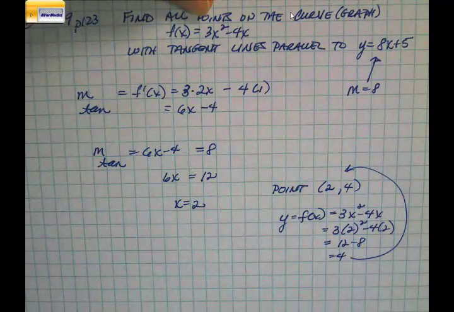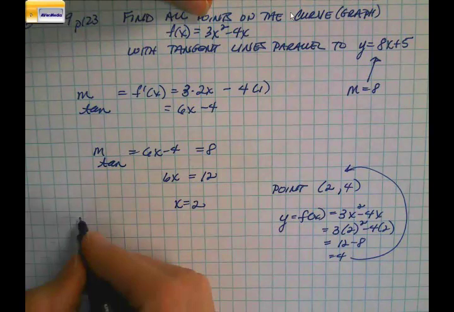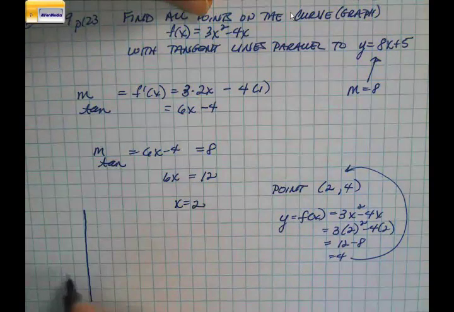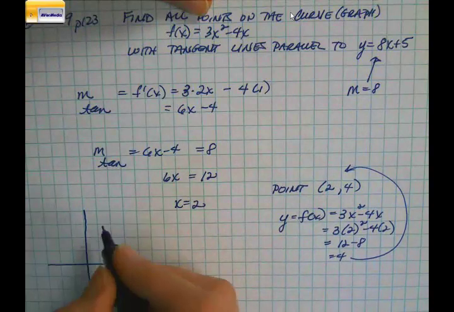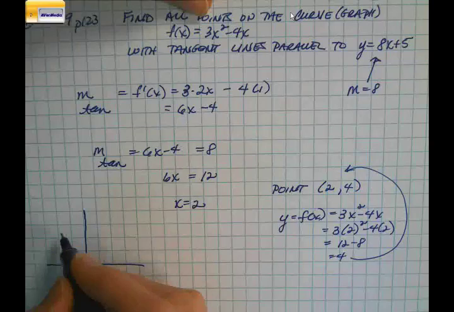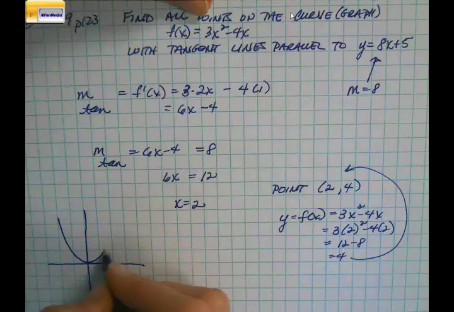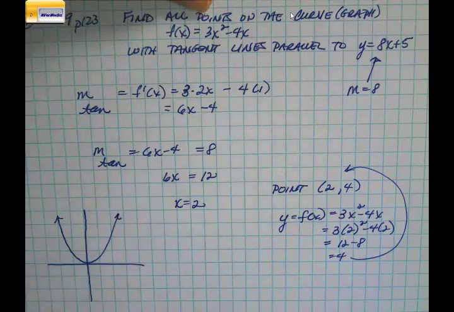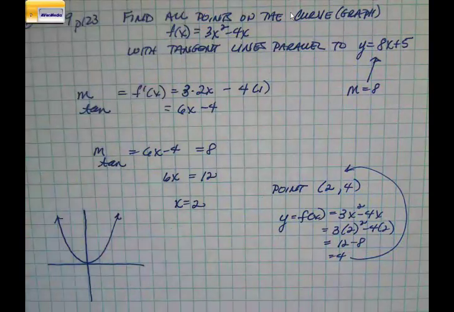So evidently we only have one point where the slope is 8. And that would make sense. So think about this. I have no clue where this parabola is, but if you just have a parabola and you want a slope of 8 for your tangent line, it's a positive 8.